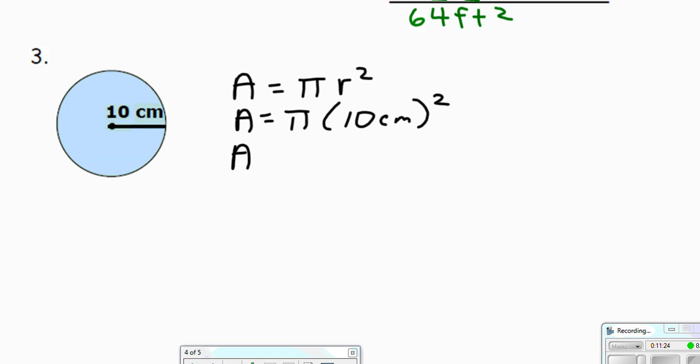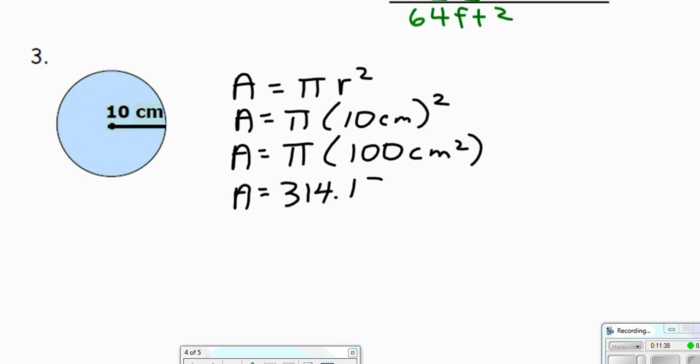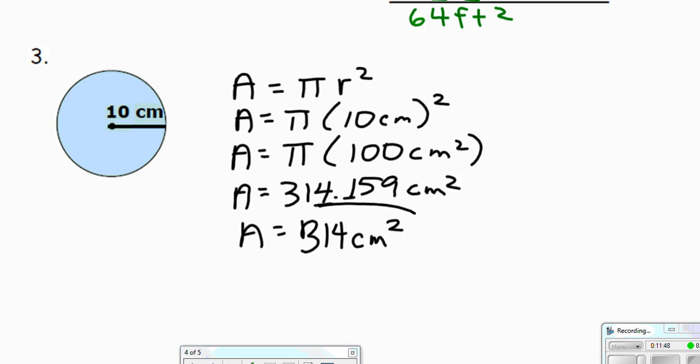So area equals pi times 100 centimeters squared. 10 to the power of 2 is 100. And centimeters to the power of 2 is centimeters squared. So when we multiply these, we get 314.159 centimeters squared, or if we're rounding to the nearest whole, the 1 tells us to round down, so we get 314 centimeters squared.